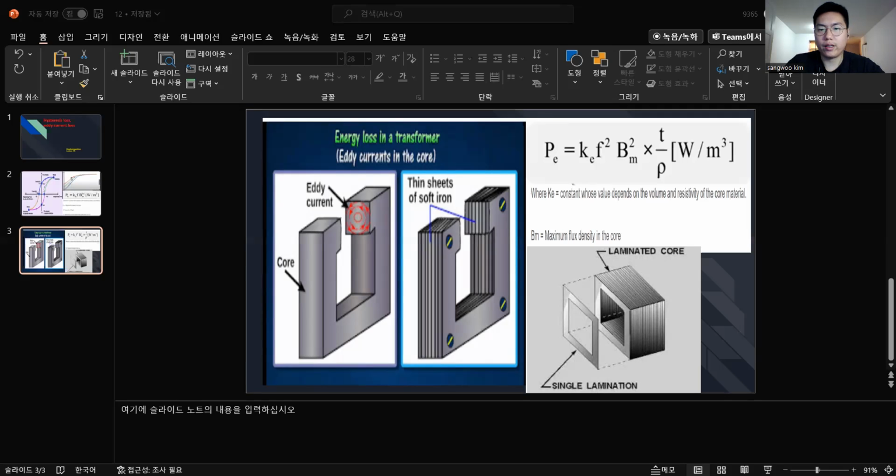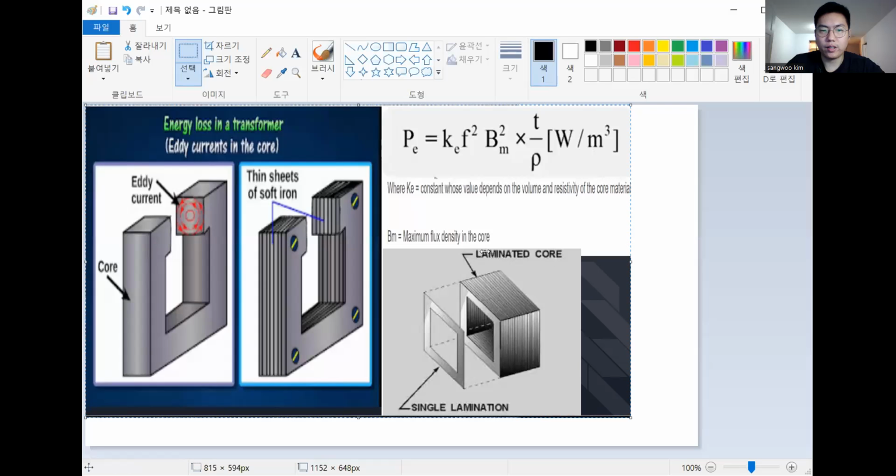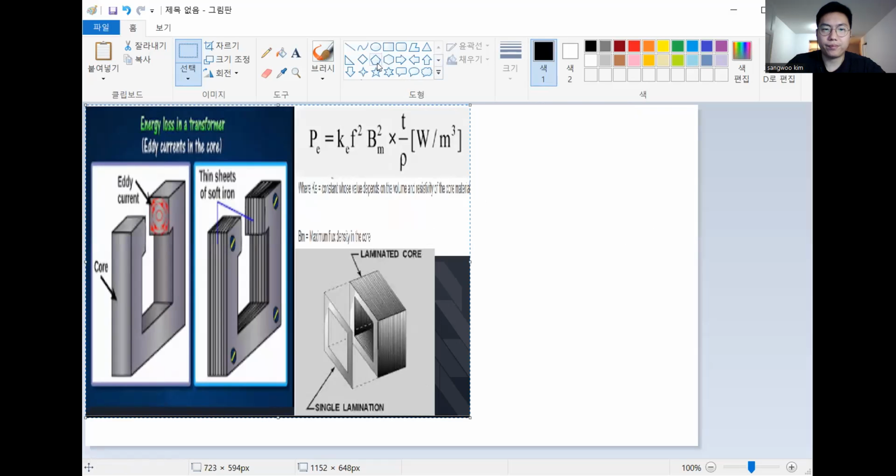Okay, guys can see. First of all, try to understand the transformer's steel core. As you guys already know, current makes a magnetic field, and a magnetic field also makes current, right?